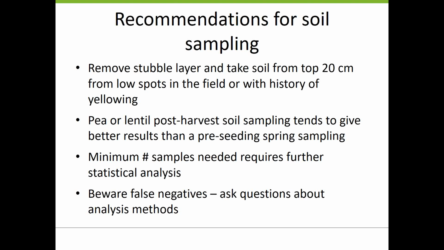Most of the soil testing labs are testing using DNA, and that's fine. That is the most efficient way to do it, and it's the way you can get the quickest results. But if it comes back negative and you were pretty sure that you had a problem in your field, maybe ask some questions about the analysis methods and make sure that there were the correct standards in there to validate your results.